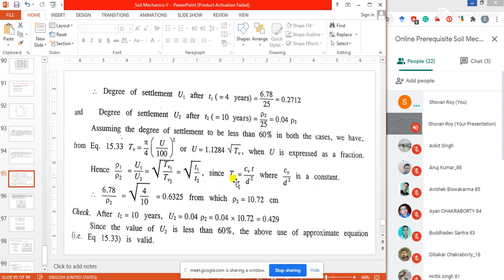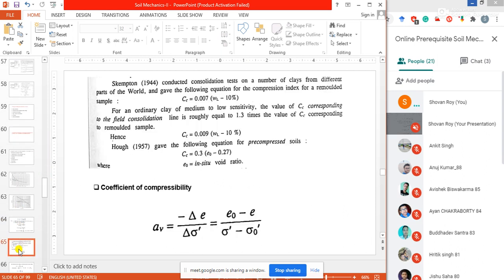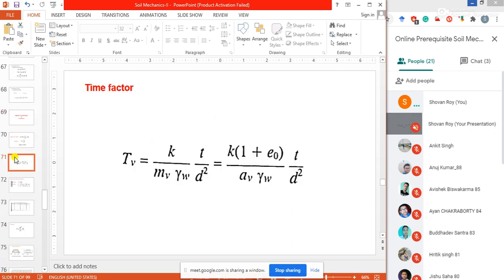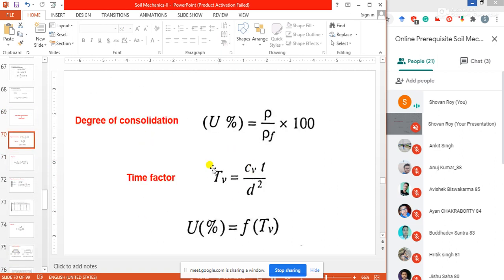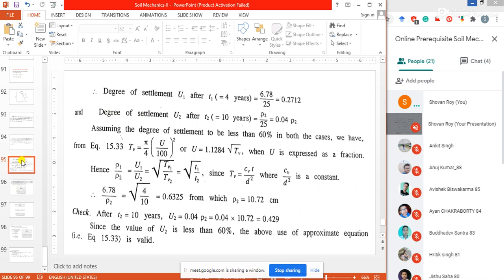Since we get the Tv formula from this, Tv equals Cv t by d square, where Cv by d square is a constant.